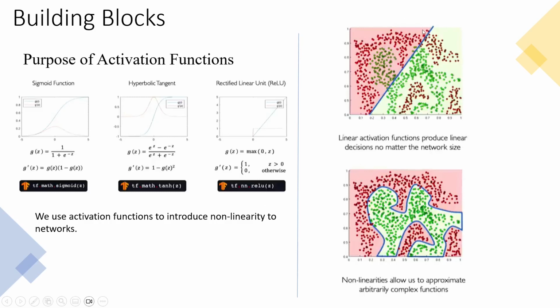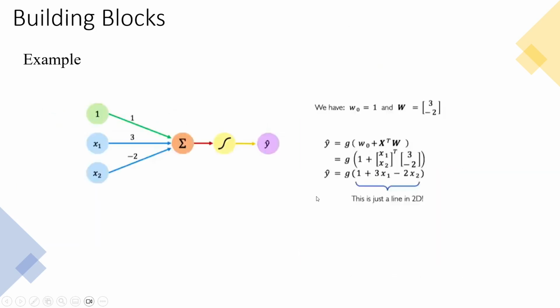So instead of having something like this, once you use activation functions in your layers, you can get something like this. So this is the most basic form of a neuron. We have two inputs and one weight.